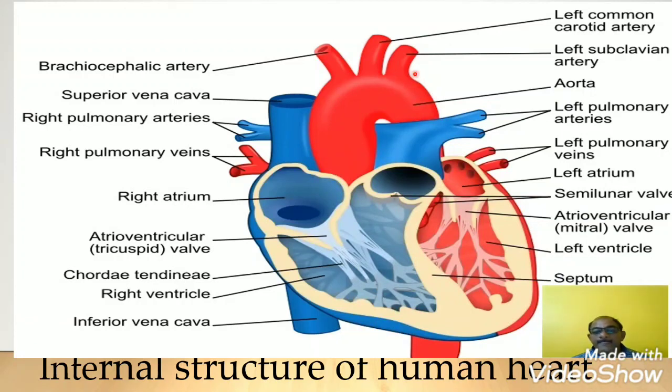So in this way, that type of internal structure of the heart is seen in these various parts: septum, as well as some ridges are present toward these ventricles, and those ridges are called columnae carneae. It is also called trabeculae.